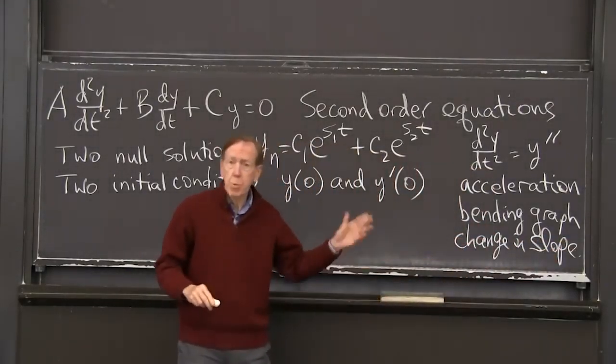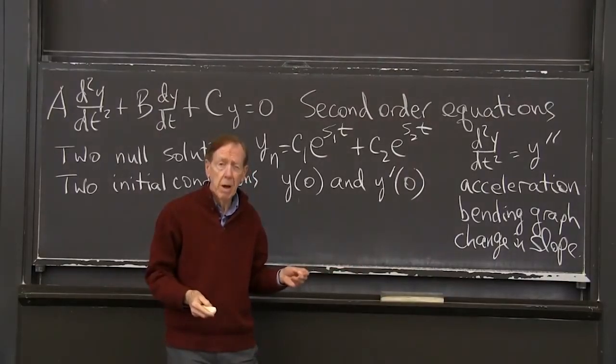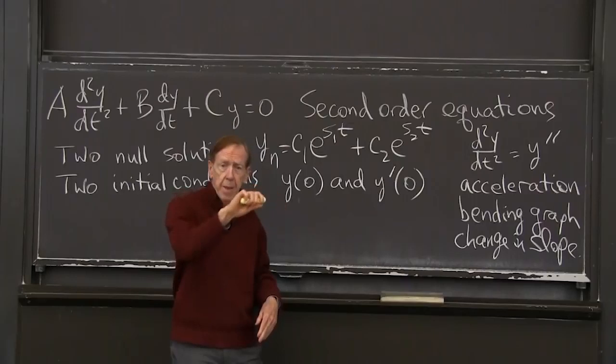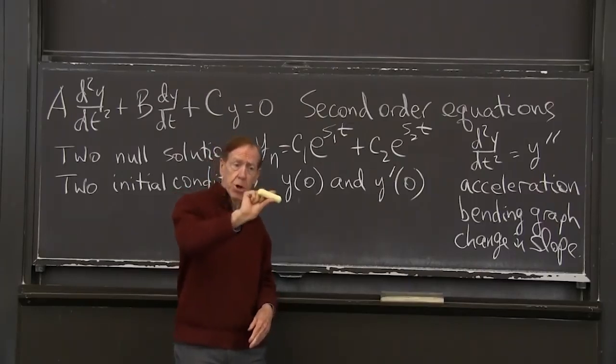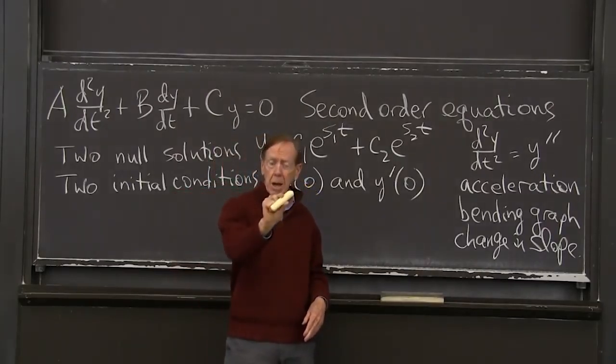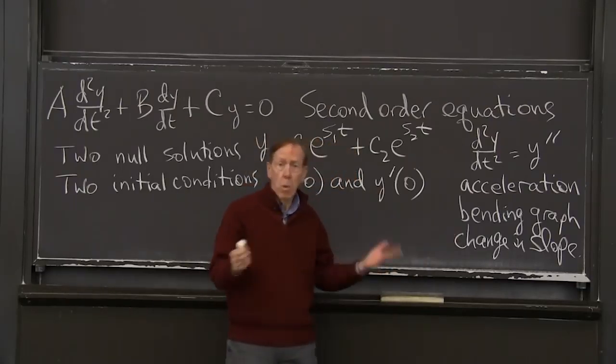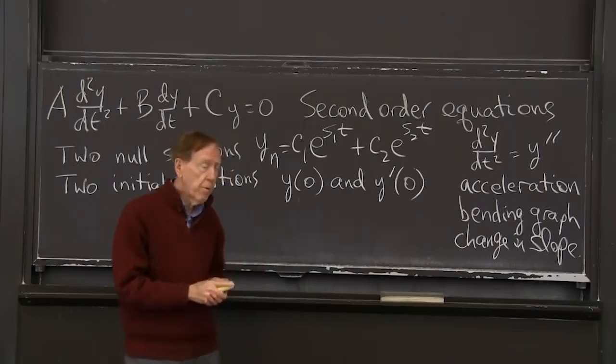And the slope is y prime, the first derivative. So to measure changes in y prime, which will bend the graph, my chalk would be a tangent line. As that changes, that gives us a y double prime, a second derivative.